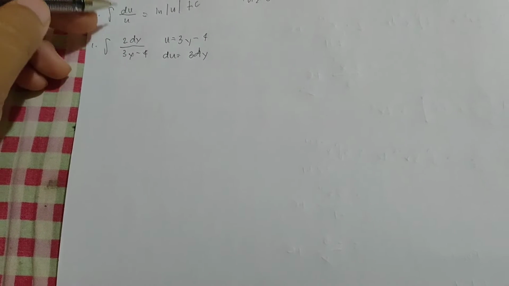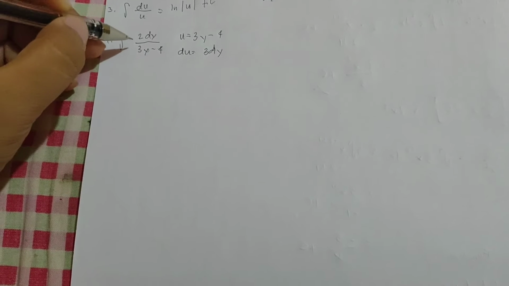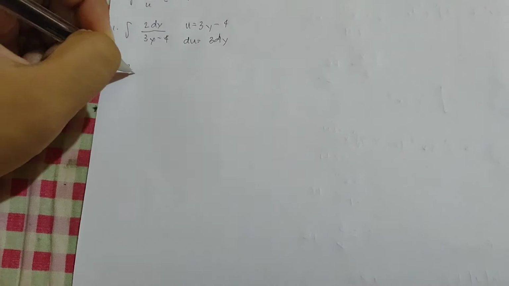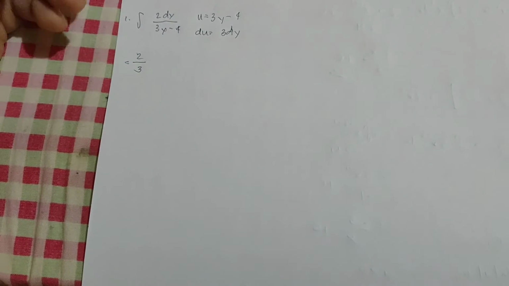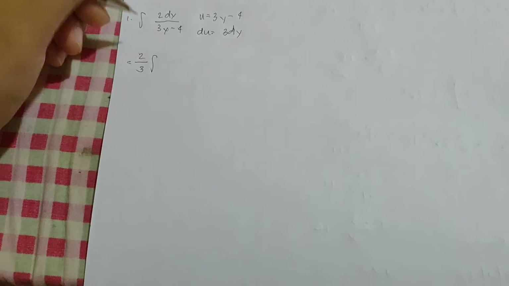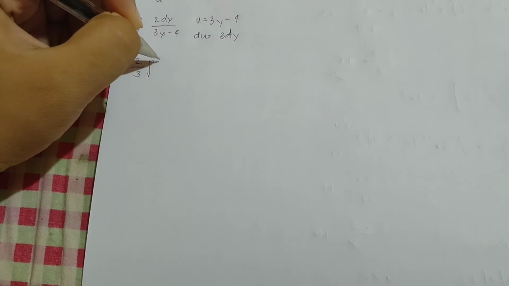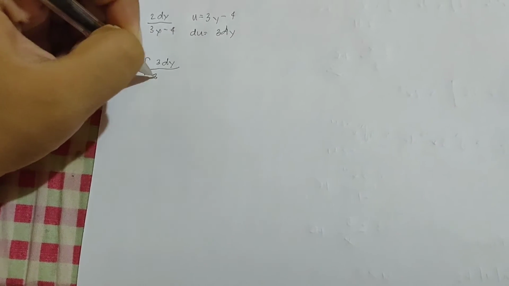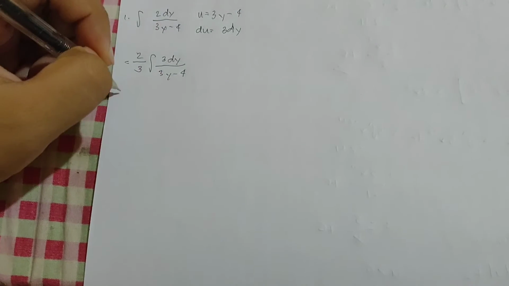Since 2/3 is our constant, we will put our 2/3 here. Let's put our constant out. The integral of 3 dy all over 3y minus 4.